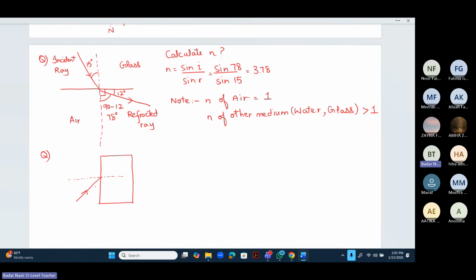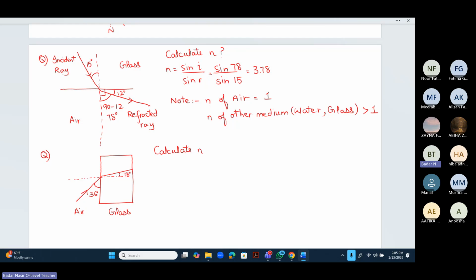Let's say this angle is 36 degrees. So we have air and this ray is traveling from air into the glass block and then it bends away from the normal. And let's say this angle is 18 degrees. Okay? Now we have to calculate the refractive index.